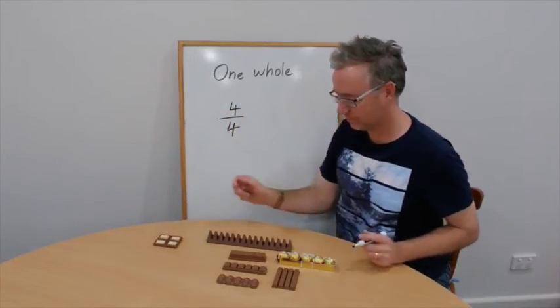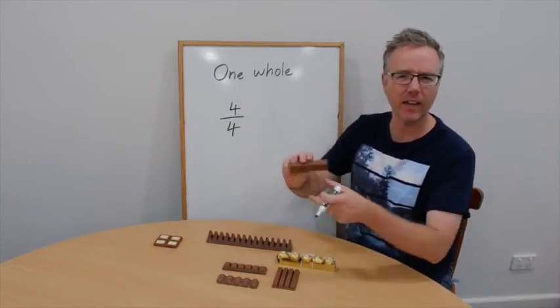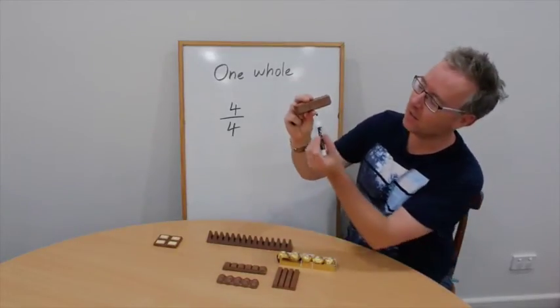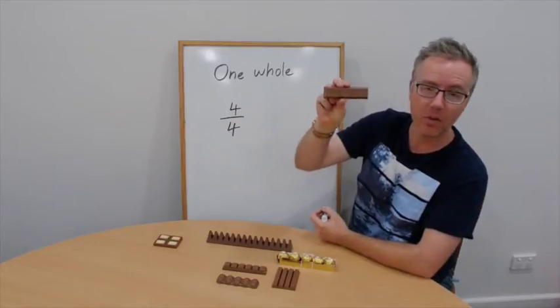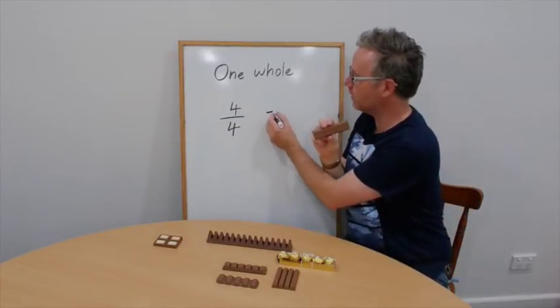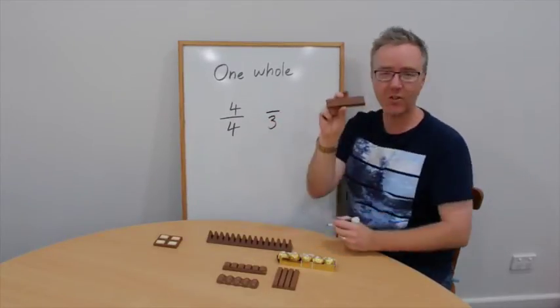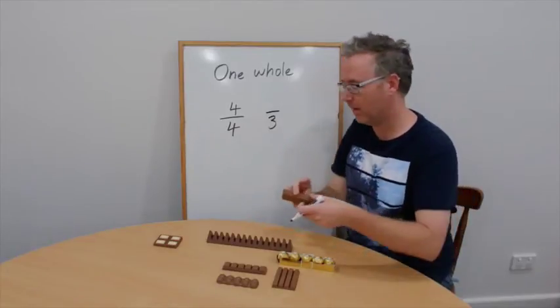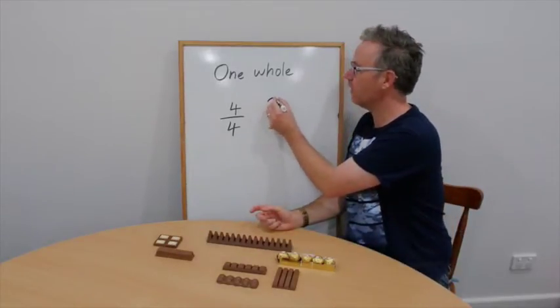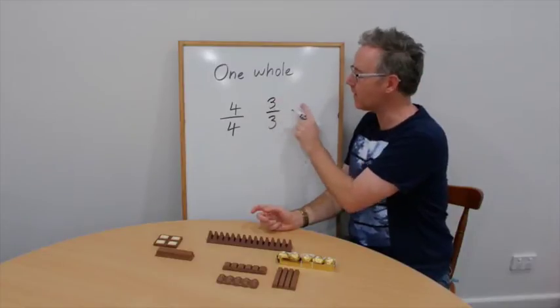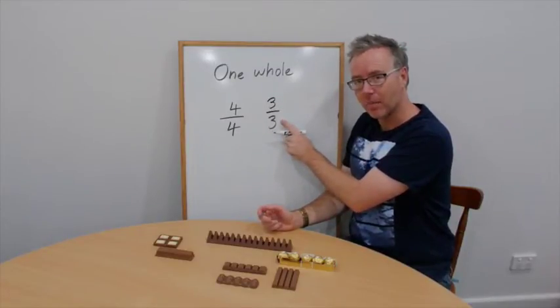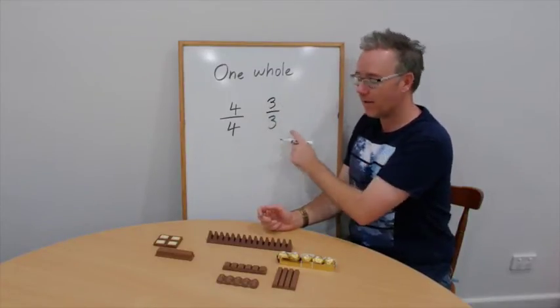One whole. Let's look at this chunky Kit Kat. Don't know if you can see. Broken up into 3 equal parts. And of course I have 3 of them here. I have 3 parts and the whole is broken up into 3 equal parts. I have a whole.